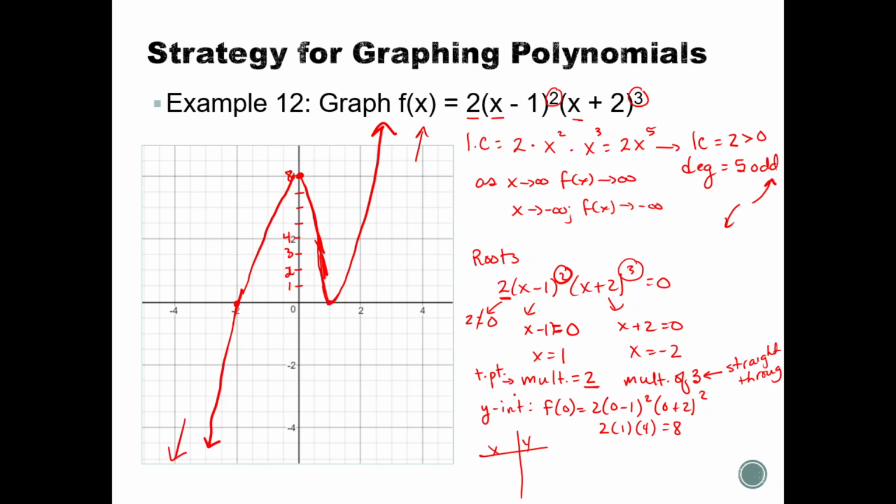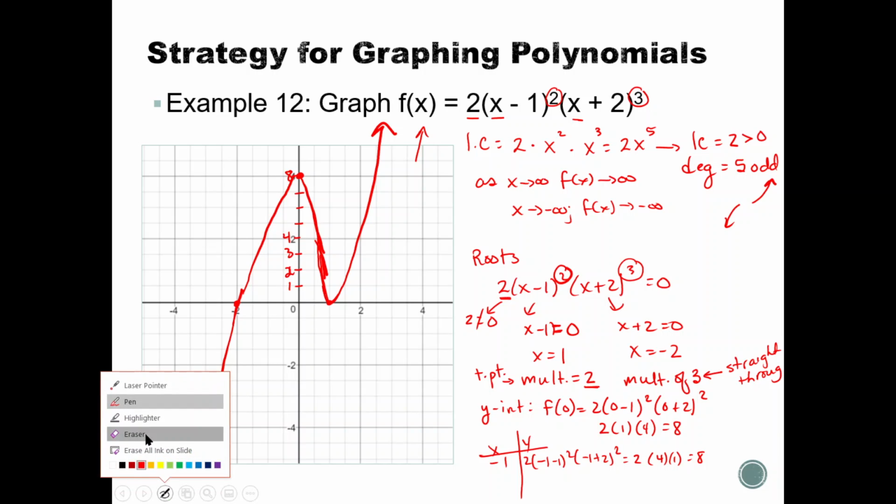So maybe I plug in an x of negative 1 to get a little more detail. So I'll have 2 times negative 1 minus 1 squared times negative 1 plus 2 squared, which gets me 2 times 4 times 1, which is also 8. So let's fix this just a little bit.